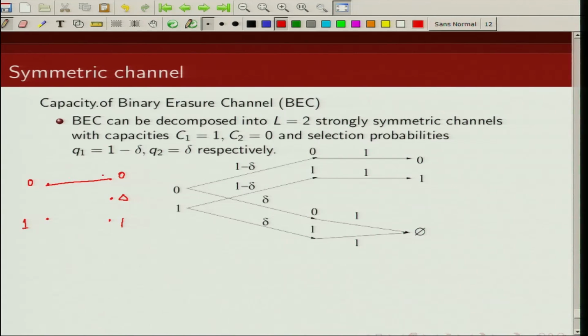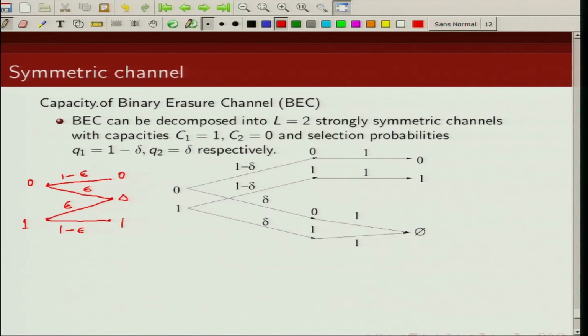With probability 1 minus epsilon you receive the bits correctly, and with probability epsilon you receive the bits incorrectly. Now packet data networks can be modeled by this very simple binary erasure model.